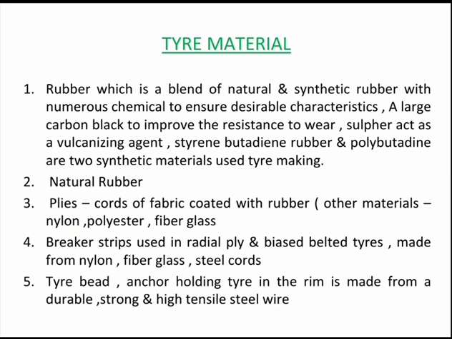I think the next one is the tire material. You know that modern tires are made from a range of materials, the first one being rubber. The rubber is a blend of natural and synthetic rubber, compounded with numerous chemicals which ensure the desired characteristics.